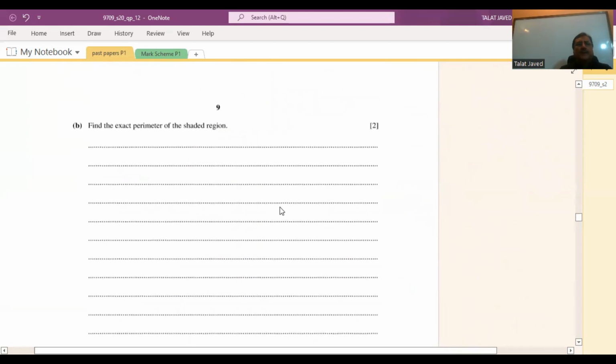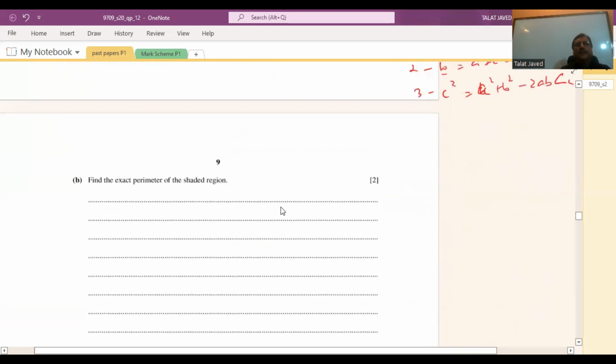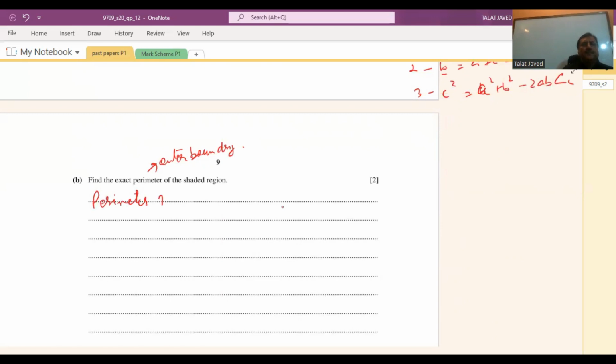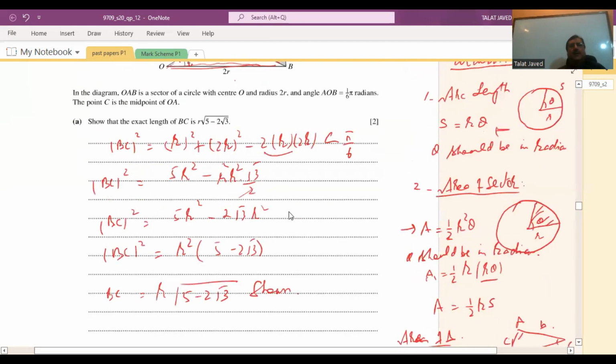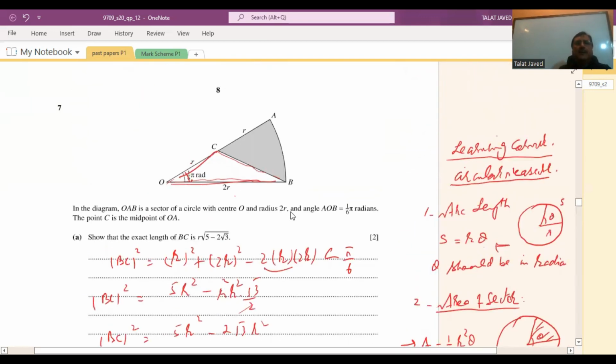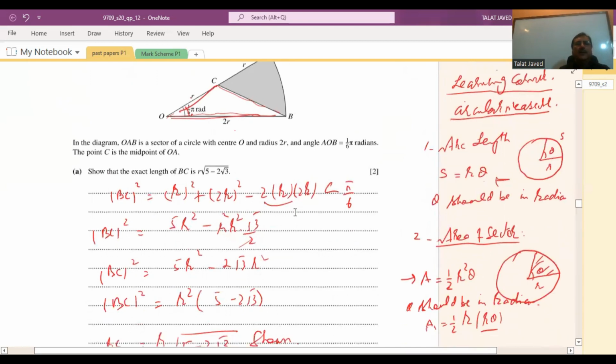Now part 2, find the exact perimeter of the shaded region. Perimeter means the total outer boundary. So the perimeter of the shaded region, from this diagram, is BC, CO, and the arc AB.